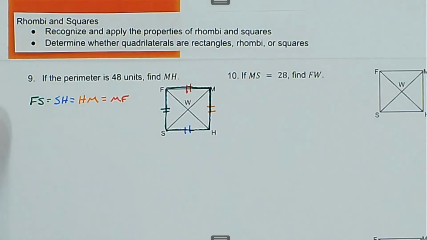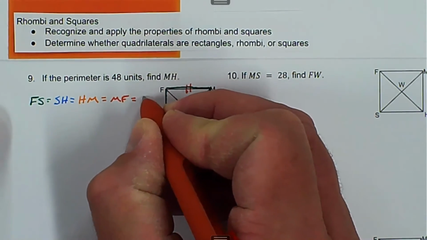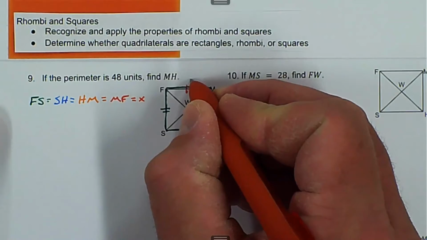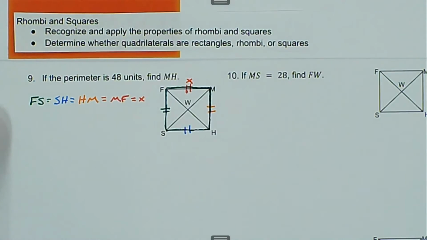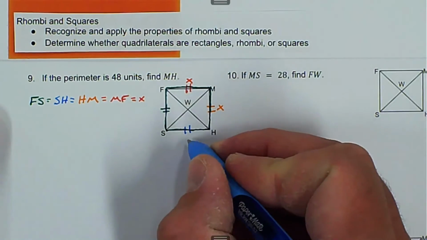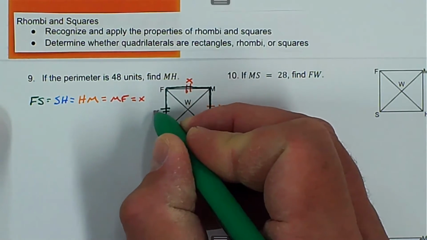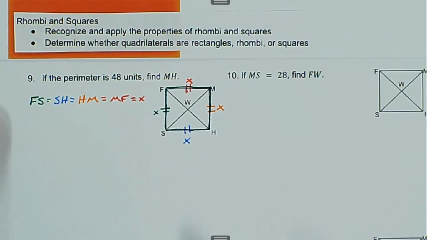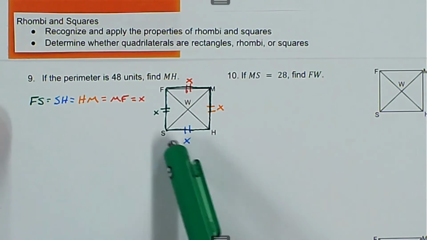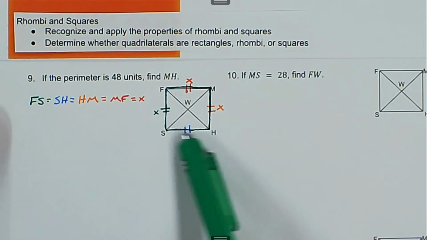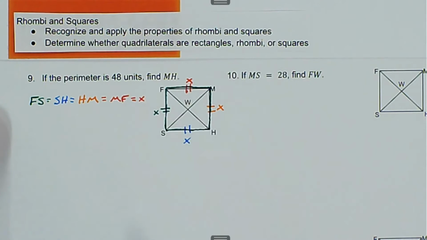And if they're all equal to each other, but we don't know what they are, we can say that they are all equal to X. So this value is X. The length of that one is X. The length of SH is X. And the length of FS is also X. So the red, orange, blue, and green X added together, that is the perimeter.